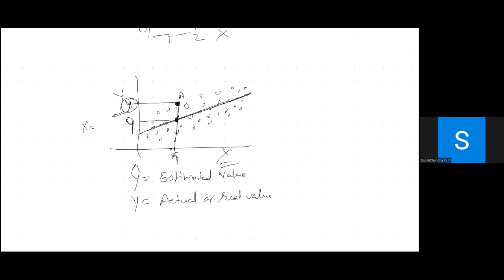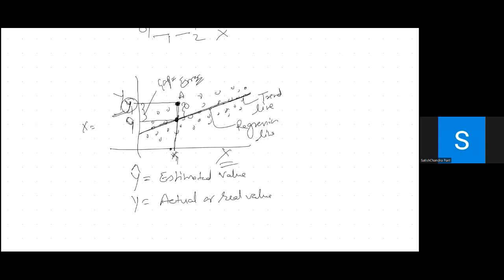Now what it means: the difference between this actual or real value and the estimated value, this gap, is the error. This is the error depicted by this trend line, which is also known as the regression line.